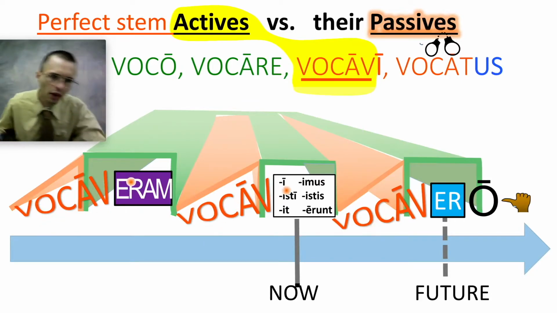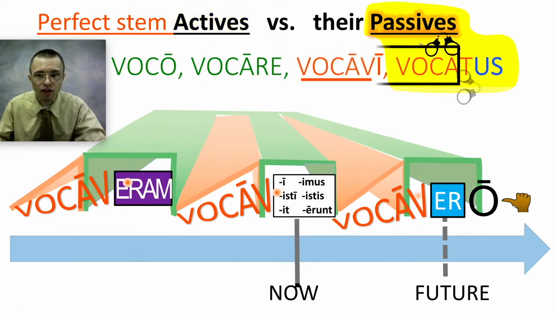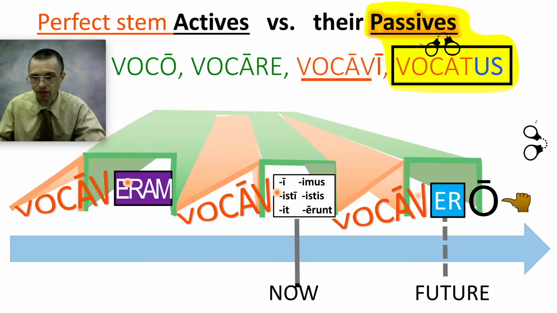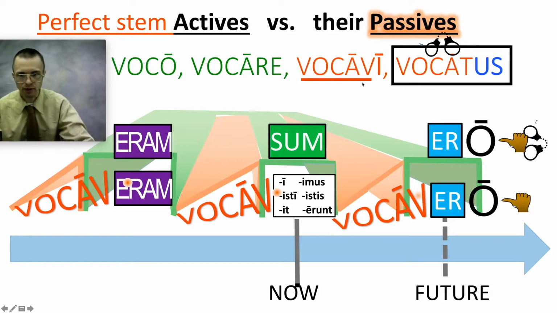The way these all make their passive is, when they're active, they take the third principal part, minus the i. But if they're passive, then they take, instead, the fourth principal part. So the way you'd make the passive of all of these is not vocav, the perfect stem, but vocatus ero.